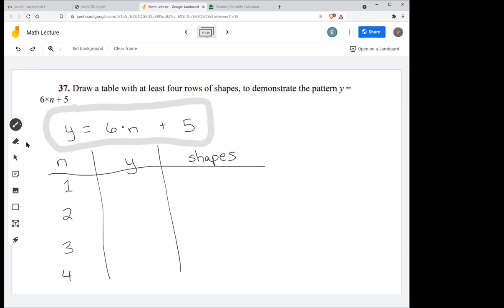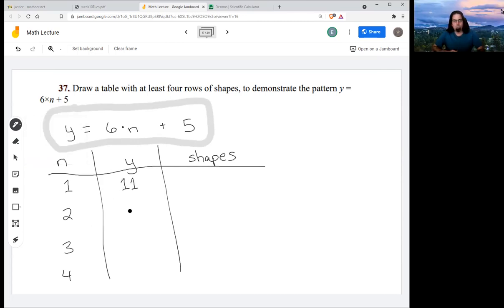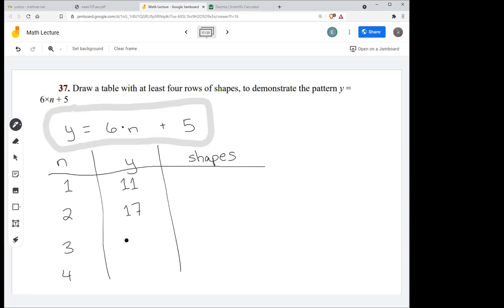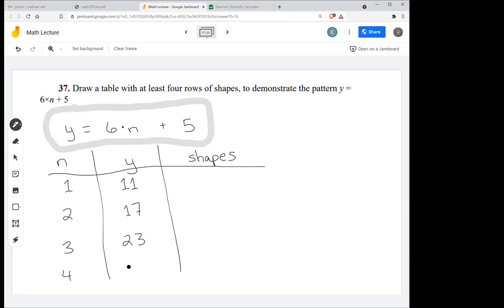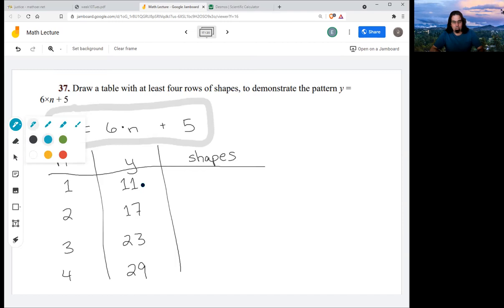Yeah. If I plug in 2, what do I get out? 17. If I plug in 3, what do I get? 23. And 4. 29.